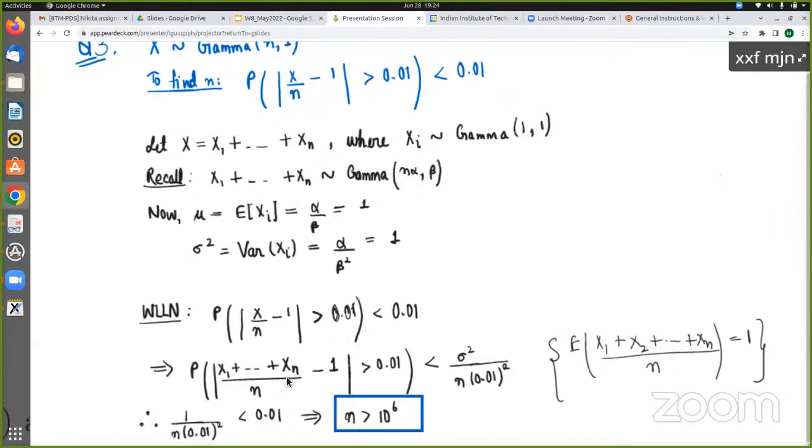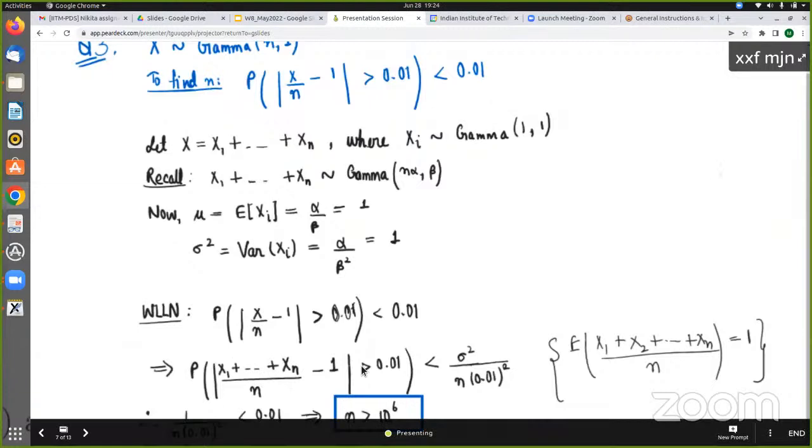So I know that the expectation of X1 plus X2 up to Xn divided by n is n times 1 divided by n, so n by n equals 1. That is okay, right?